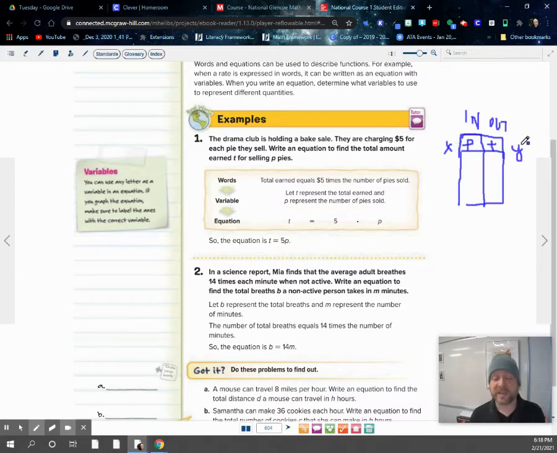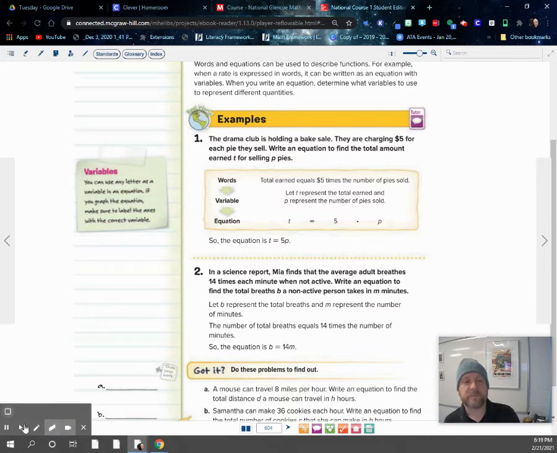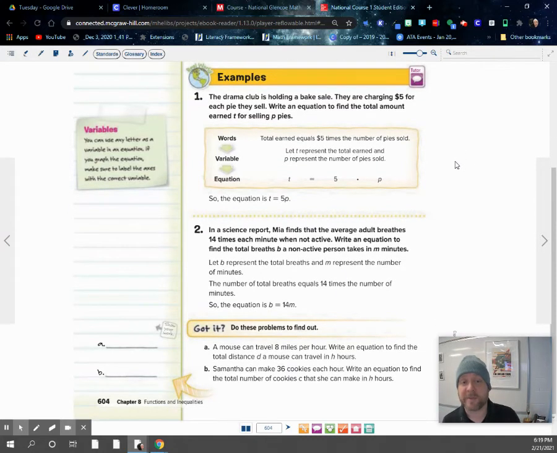Your input is always your x, your output is always your y, or function of x. That's how that will be shown. And then we would just plug numbers in and find the total amount using our function, basically just like we have always done with in and out boxes. All right, so that's how we would do that. So there again, you've got words from the story, you've got an equation being shown, and then you can put those values into a function table using your rule, and then we could graph those ordered pairs coming out.